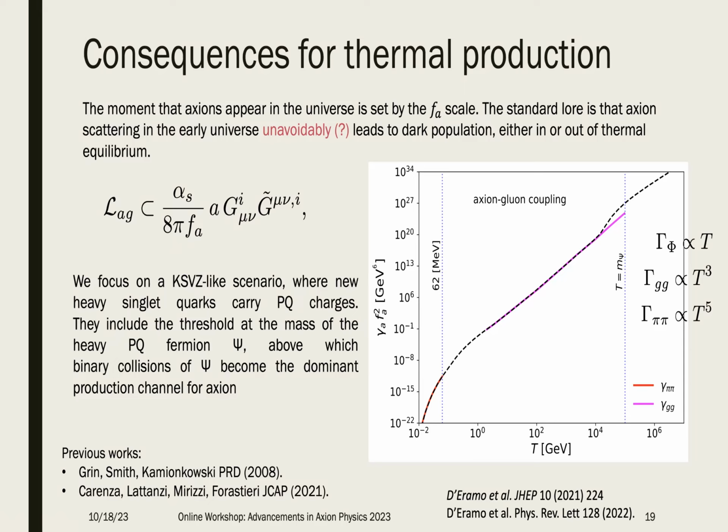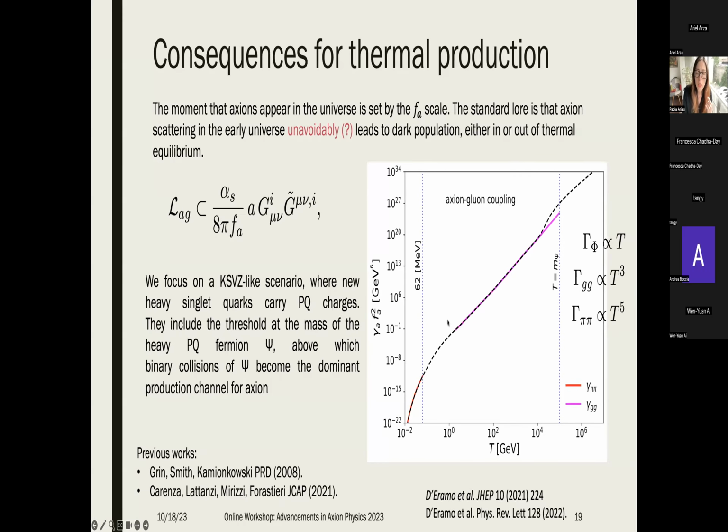So we looked into these KSVZ-like scenarios where there are new heavy quarks that carry Peccei-Quinn charges. To proceed with our work, we took advantage of improvements in the computation of the axion interaction rate, advances that have moved forward at this energy scale.